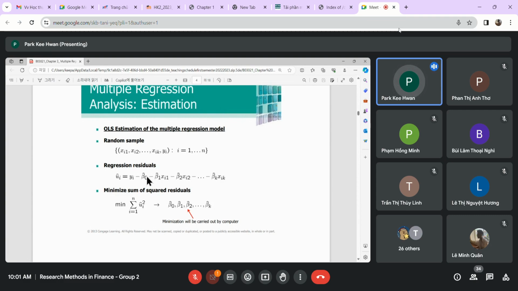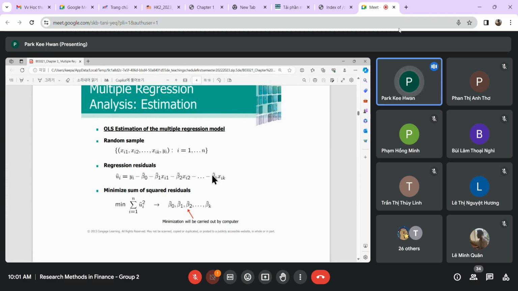Then from your regression, this term is your predicted wage rate of the workers. So the term on the right hand side, except for yi, is the predicted wage rate from the estimated regression.